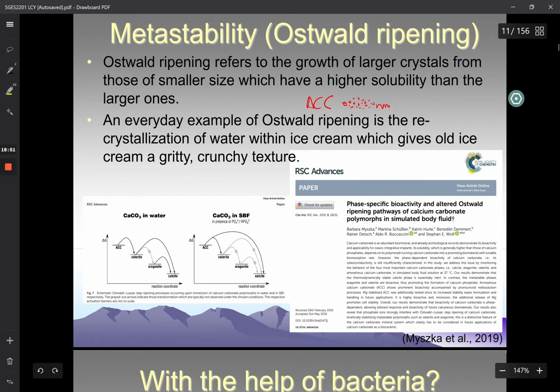So as ACC slowly transforms to aragonite, for example, this crystal will start to grow, and this growing process is one of the transformation processes that involve Ostwald ripening.